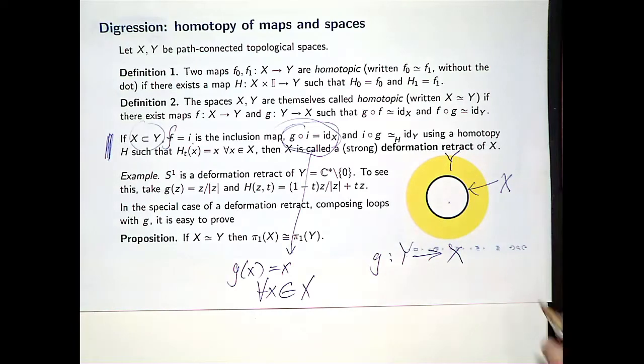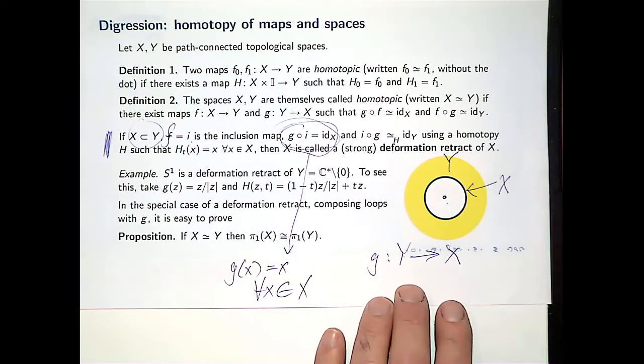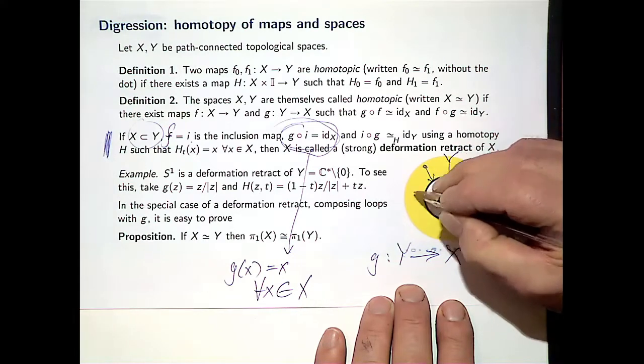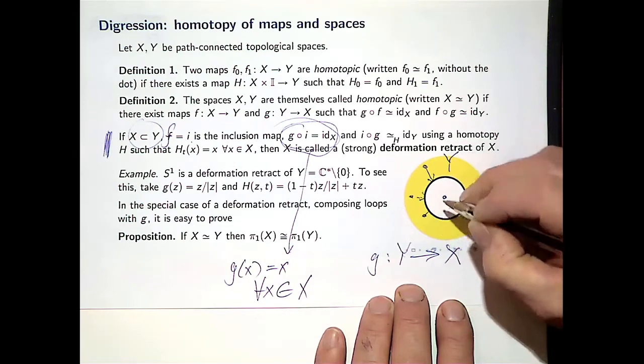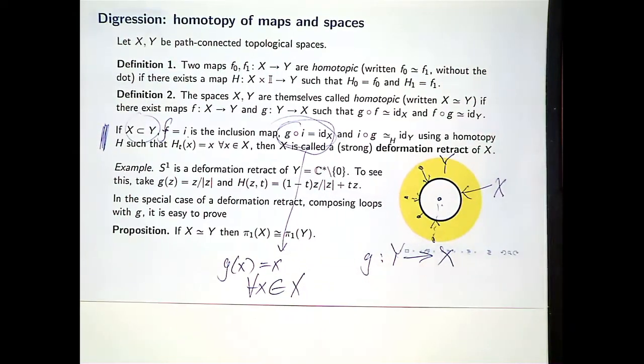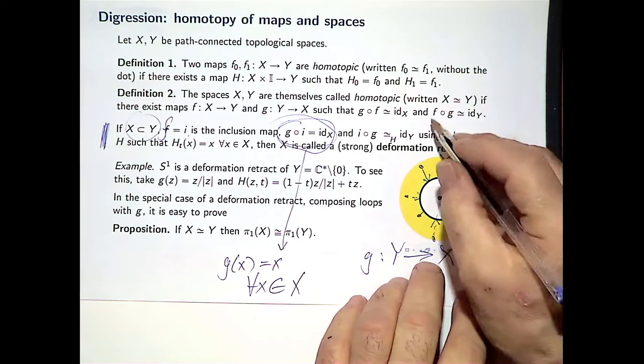And you see, the obvious thing I can do is take, this is radially symmetric, so I can just take any element in Y and map it down to the circle radially. Okay, so that's my map G. It just moves everything to the circle. And that will satisfy this condition.